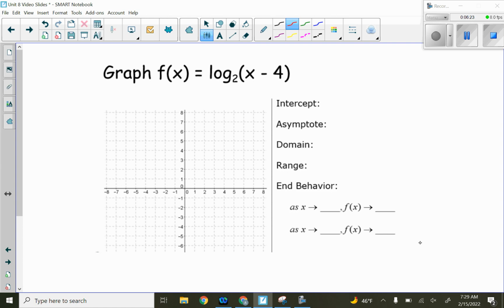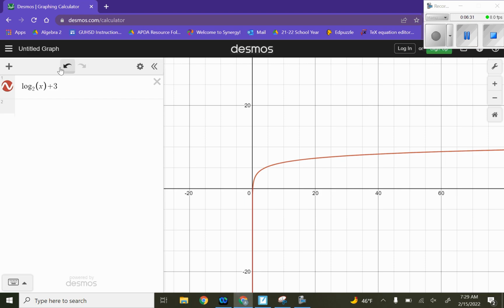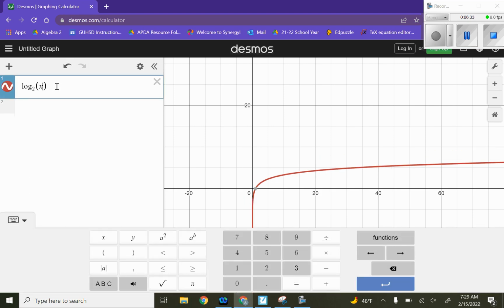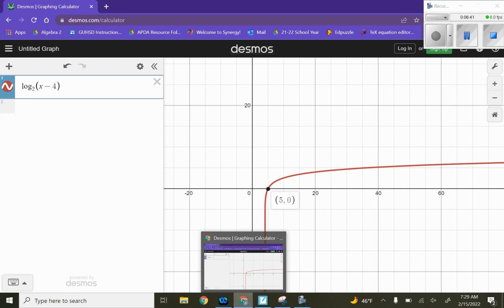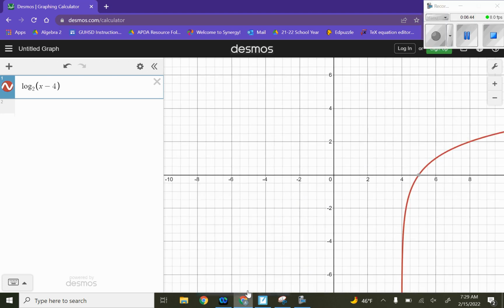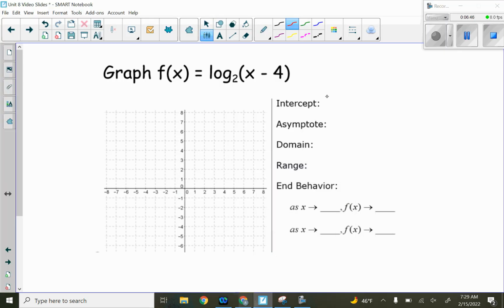Graphing using Desmos, and then finding that intercept. So this one is x minus 4, still with a log base 2. So now our intercept is at (5, 0). Our asymptote comes from in here.